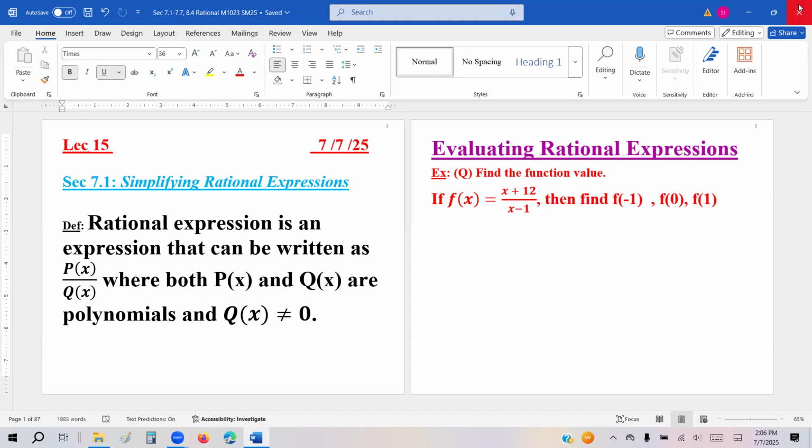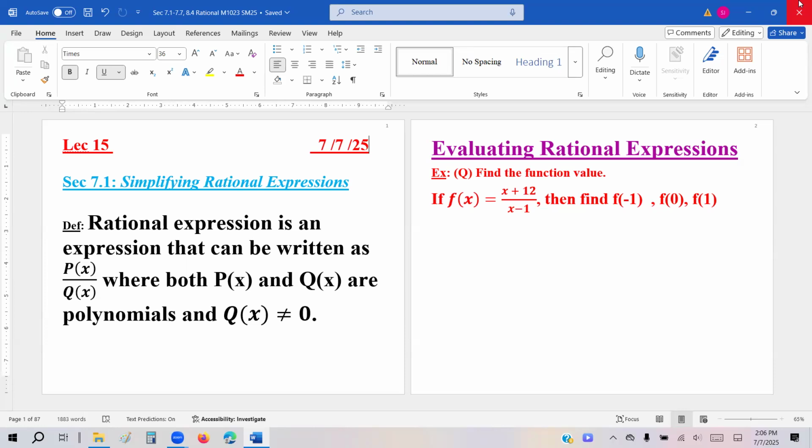For rational expressions, we're going to do many things. First, evaluation. Then we're going to find the domain of the rational. Then addition, subtraction, multiplication, and division of rationals. And then real-life applications of rationals and solving rational equations. So chapter 7 has many sections like chapter 6. We are going to do them one by one.